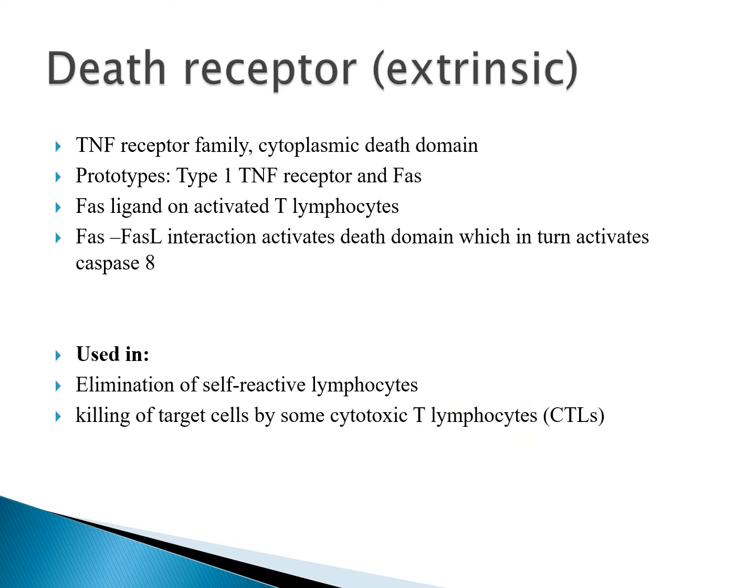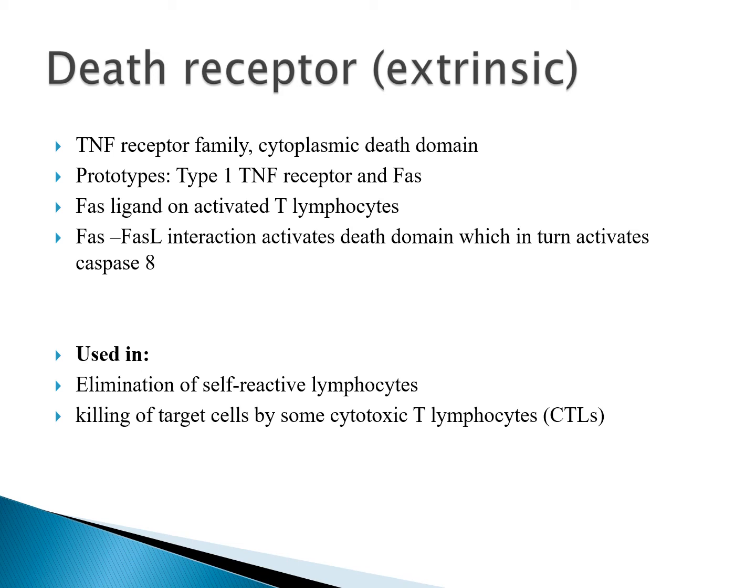The second pathway is called the death receptor pathway, or the extrinsic pathway. Why is it called extrinsic? Because the process starts at the surface of the cell, from outside, in contrast to the mitochondrial pathway, which starts in the mitochondria, so we call it intrinsic.